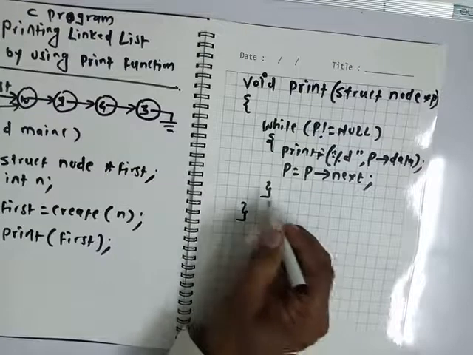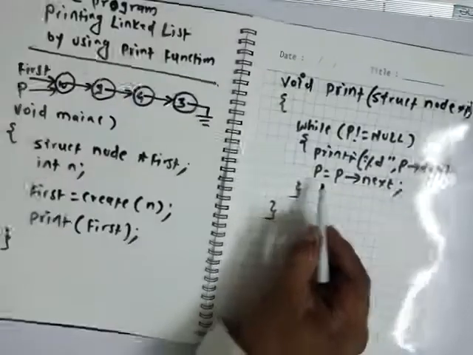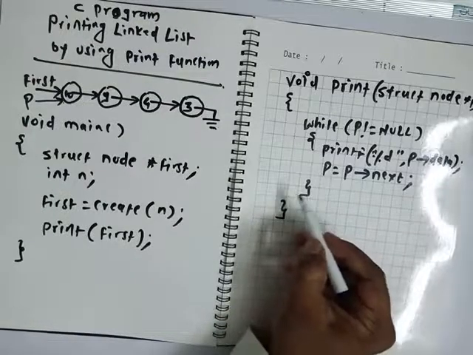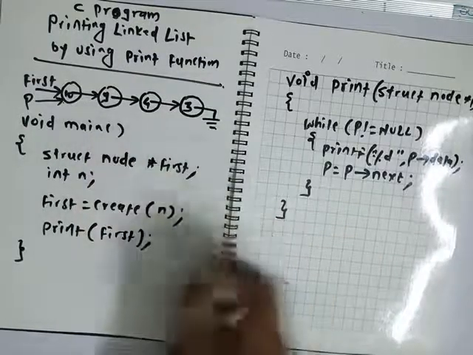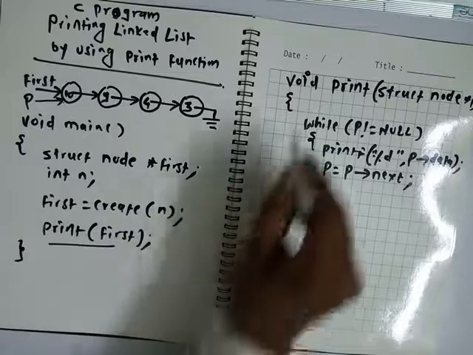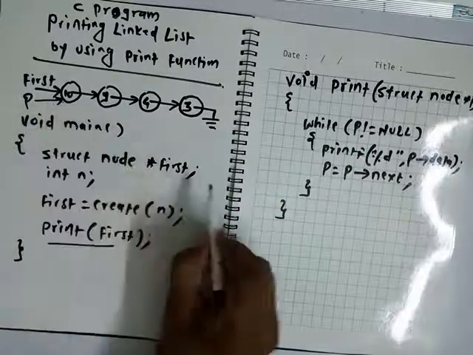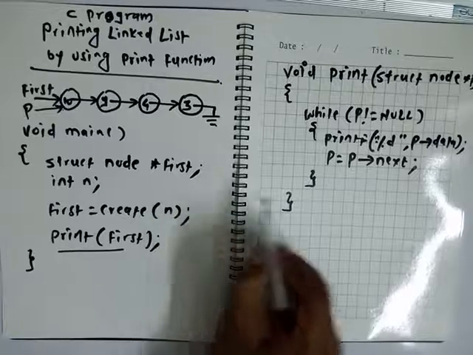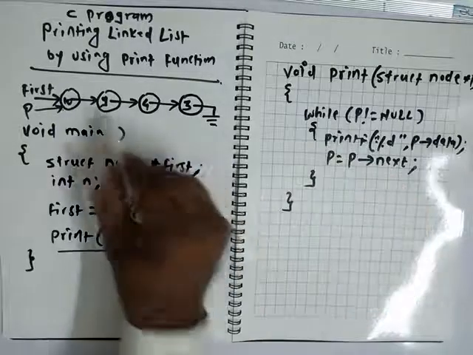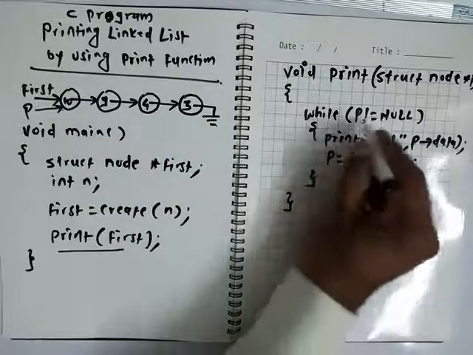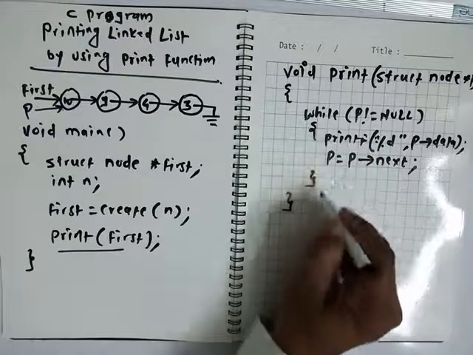So let us run this print function on our linked list. Let's say we have called this print, so print is getting executed. We have p here. p is not null, it's pointing to a node, so the condition is true and we'll execute this.